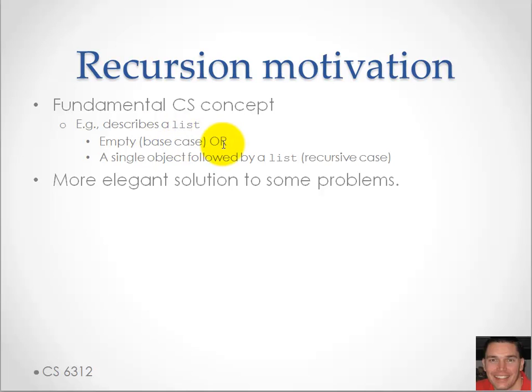And that's what we call our base case. So when we have a recursive definition, we're going to have a base case, which is our simple problem to solve. And then we have a recursive case, which is defined in terms of itself. And recursion does provide a more elegant solution to some types of problems that we need to solve.